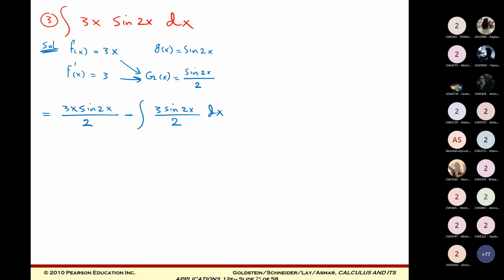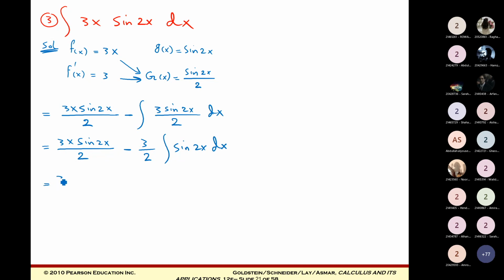Now we can put the 3x sine 2x over 2 as it is without integration, minus, and put the constant outside the integral. So now we need to just find the integral of sine 2x.